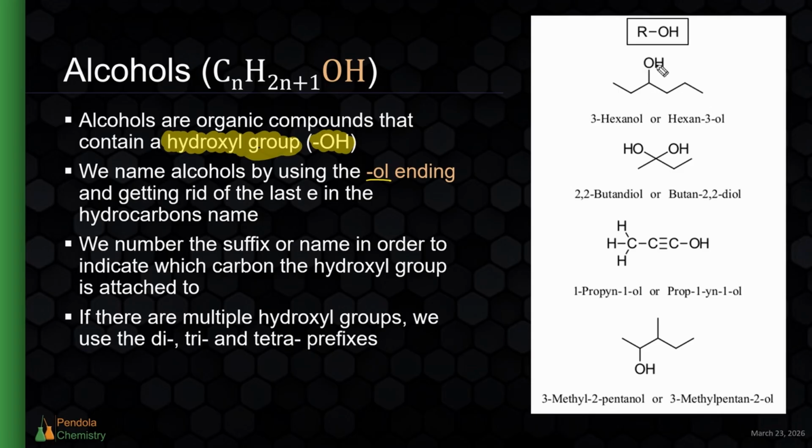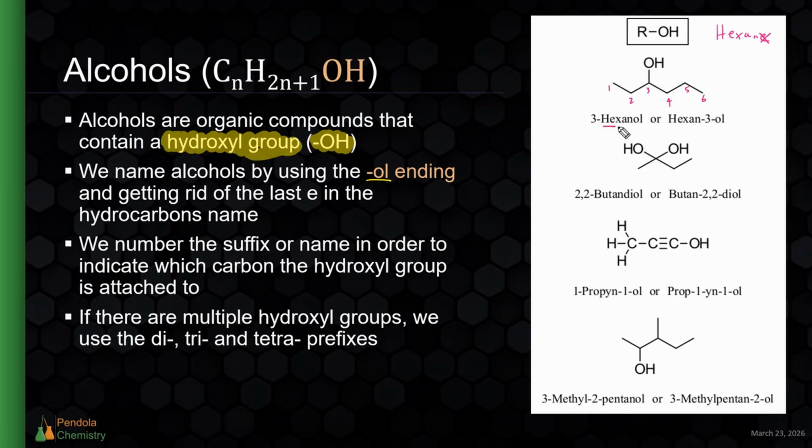So if we have a 6-carbon alkane like we do here, 1, 2, 3, 4, 5, 6, this 6-carbon alkane would normally be called hexane. What we're going to do is, because this is a suffix that we're adding, we're going to get rid of the E in hexane, because we can't have two vowels next to each other.